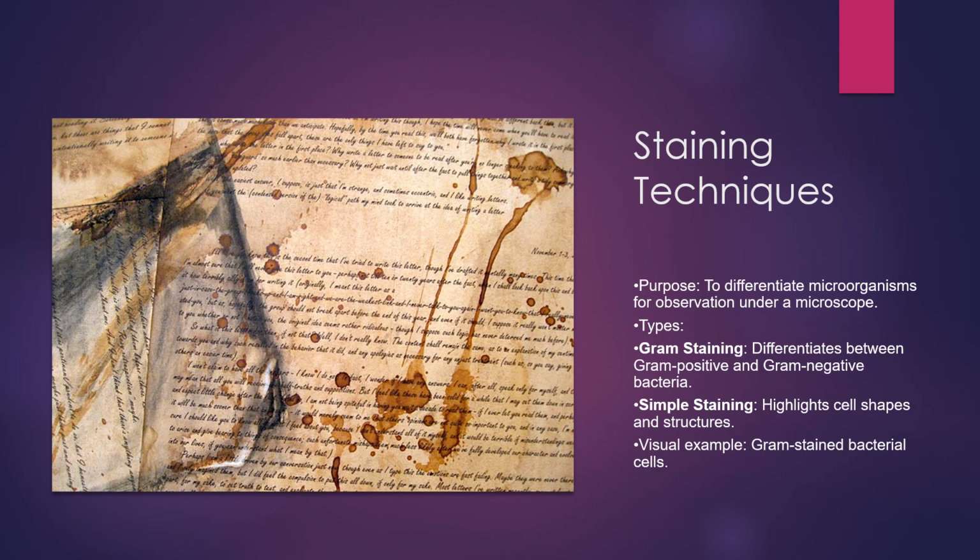Some have thicker cell walls than others. And so you either get a gram positive or gram negative result, and thereafter one can use various other classification techniques to identify what exactly the bacteria is.